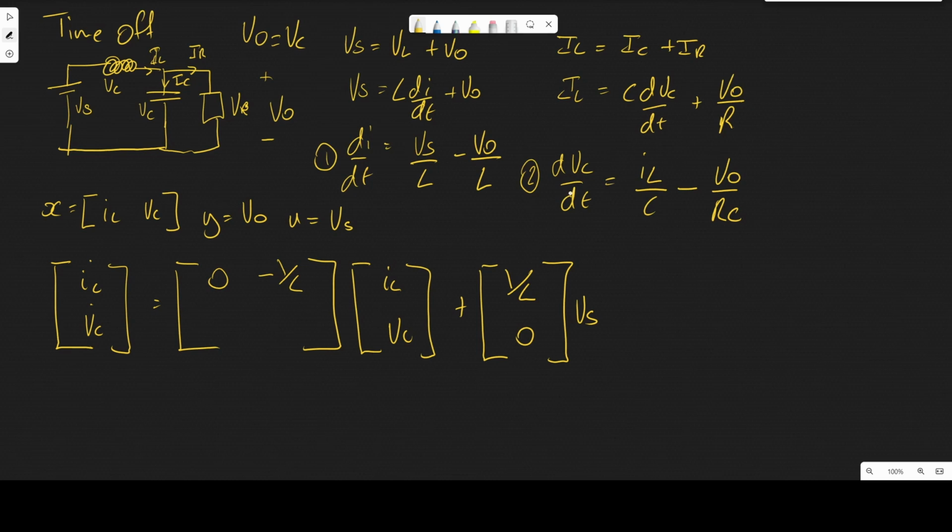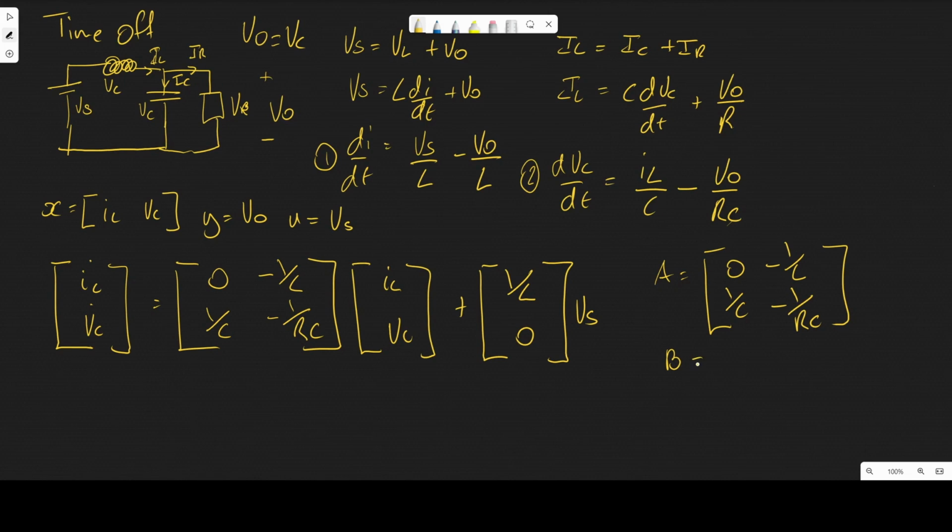Now for the second state equation, we have IL all over C, so this would be 1 all over C minus Vout on RC, which we said Vout is equal to Vc, so that would be minus 1 on RC. Here the A matrix is equal to 0, minus 1 on C, minus 1 on L, minus 1 on RC.